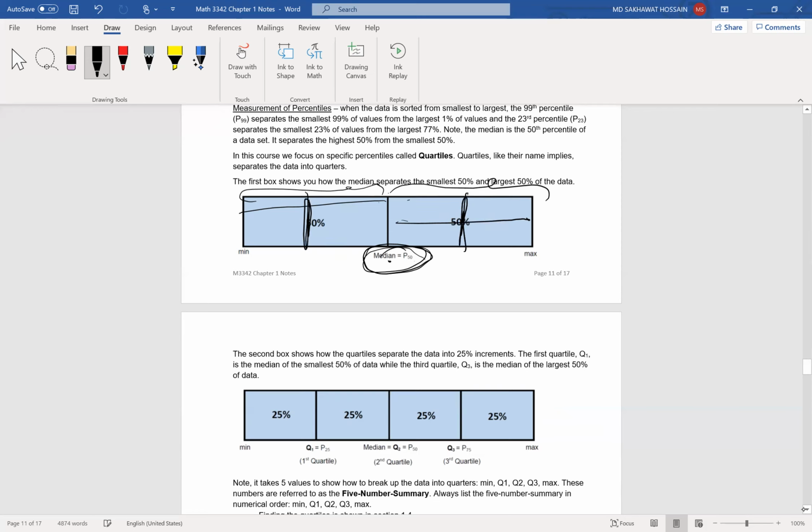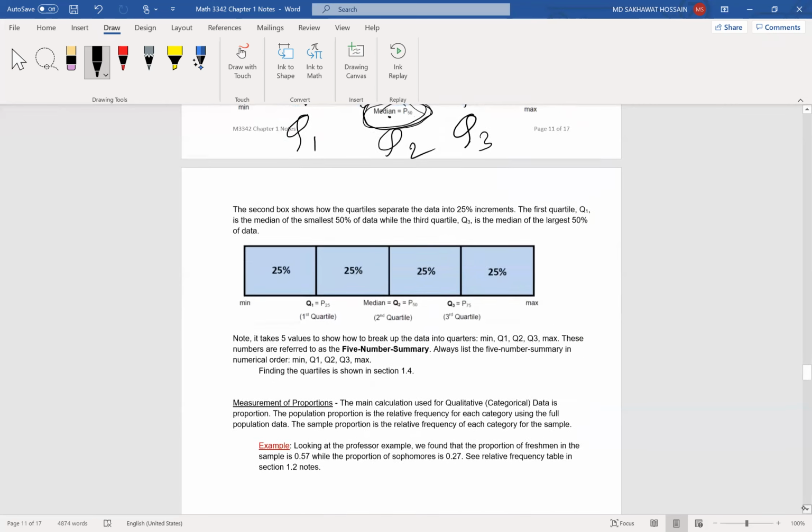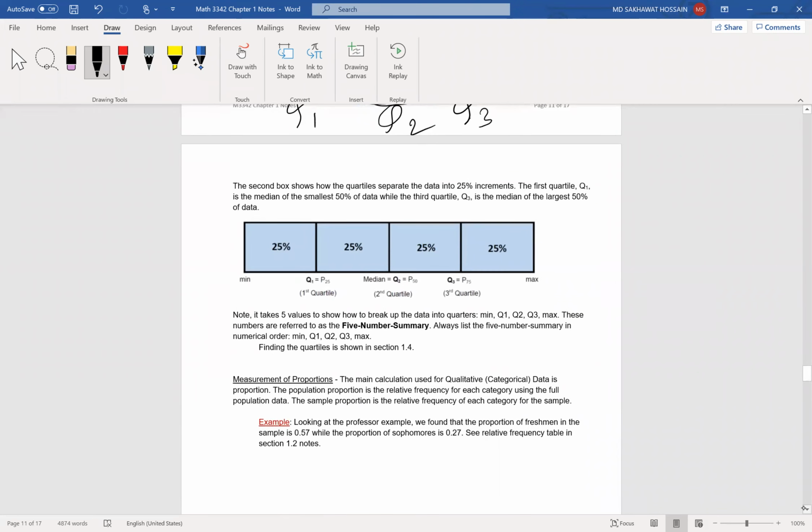The middle value of the left data set is called Q1 or first quartile, this is Q2, and the middle of the right data set is Q3 or third quartile. That's how we calculate the quartile. You can also find the minimum and maximum values of the dataset. So now we have five numbers: minimum value, Q1, Q2, Q3, and the maximum value.